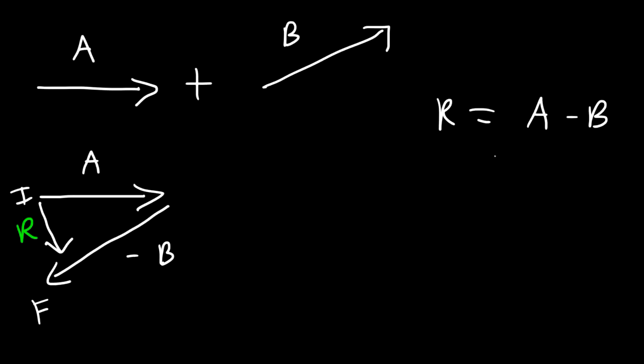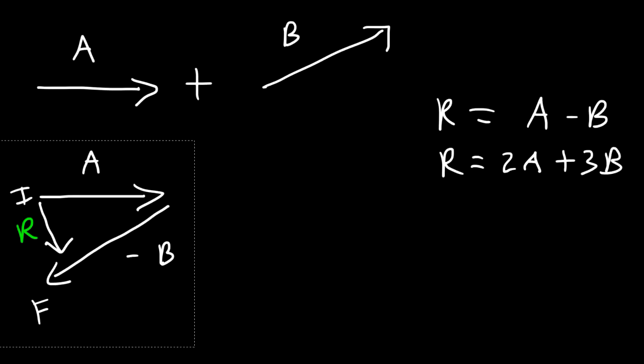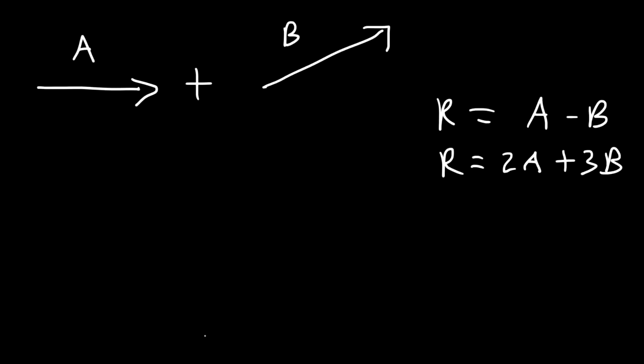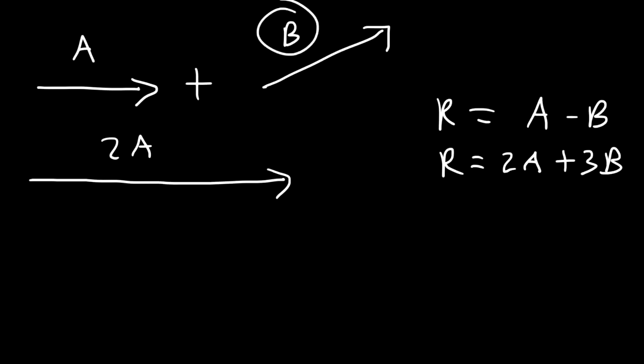Now let's say R is 2A plus 3B. How can we draw it this time? To draw 2A, you simply need to double the length of vector A. So that's called scalar multiplication. 3B, you need to triple the length of B. So it's going to be going in the same direction, but it's going to be 3 times as long.